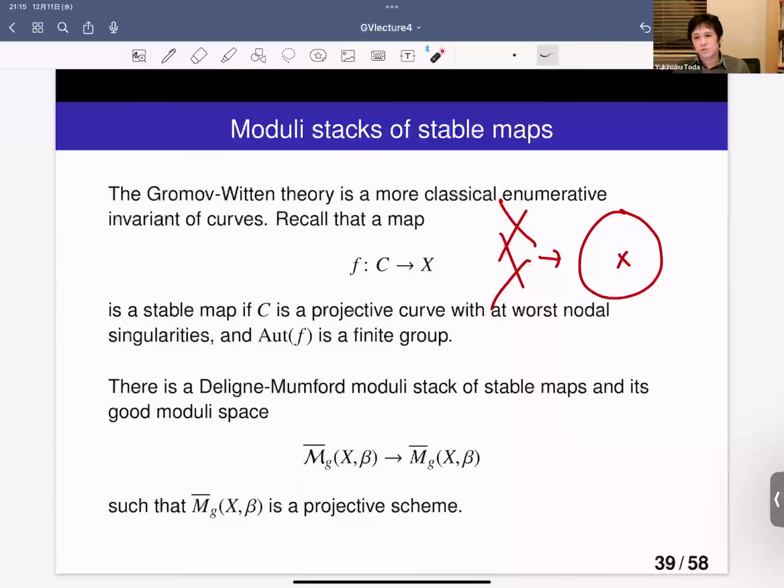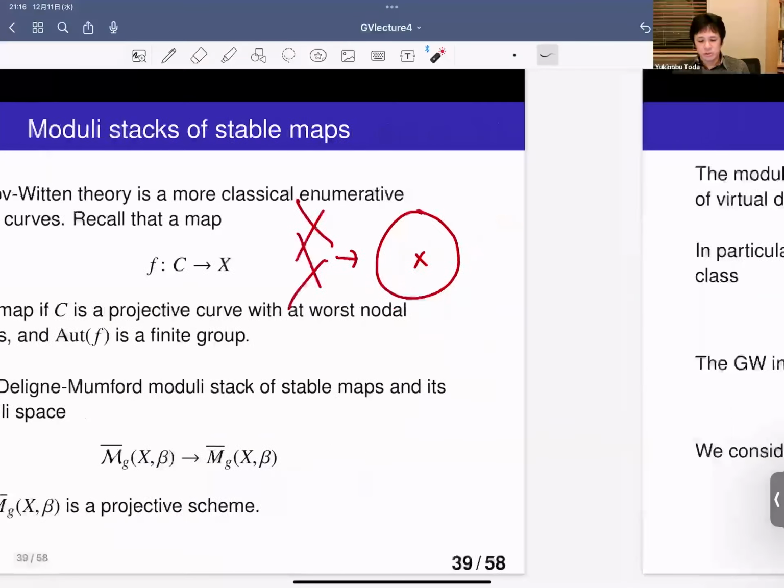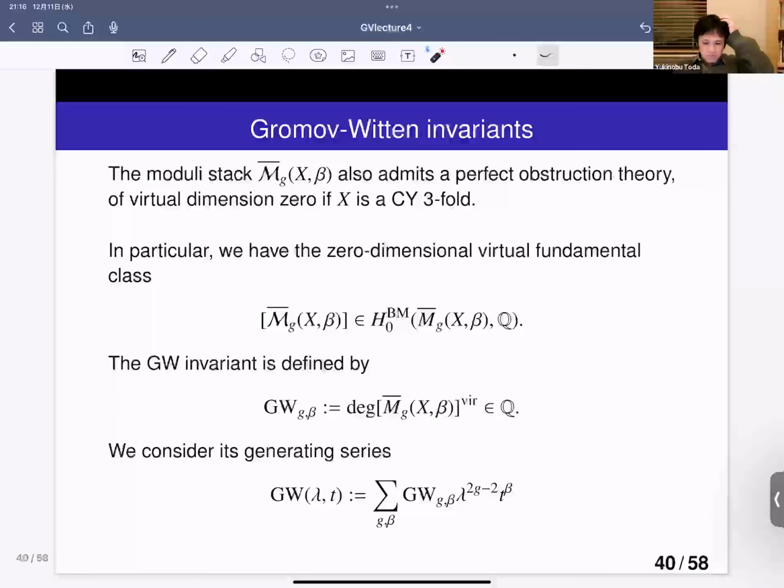But it's not symmetric, so this is not written as a weighted Euler characteristic. But anyway, this moduli stack admits a perfect obstruction theory, and it also has virtual dimension 0 if X is a Calabi-Yau threefold. So in particular, we have the zero-dimensional virtual fundamental class.